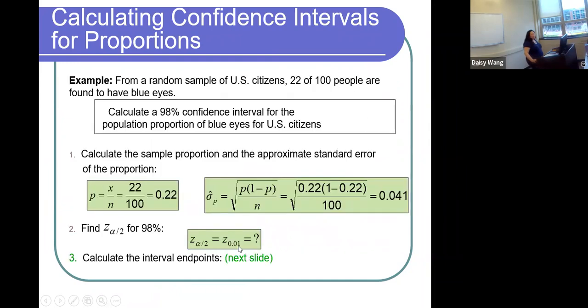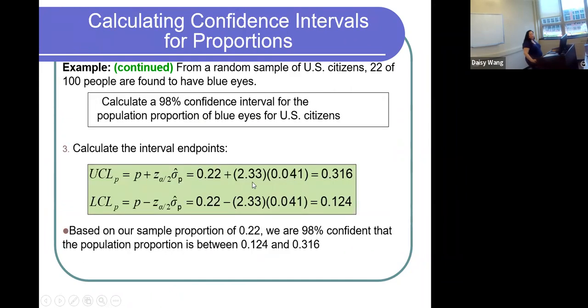So 2.33 times 0.041, and we use P plus or minus the margin of error. Then we got 0.316 and 0.124. So we are 98% confident that the population proportion of US citizens with blue eyes is 12.4% to 31.6%.